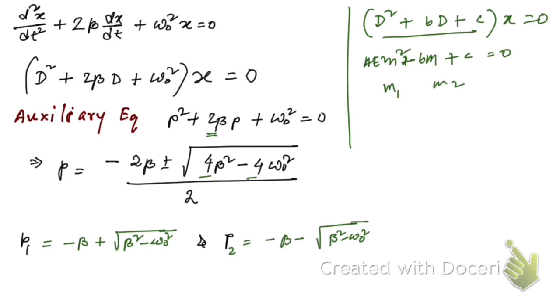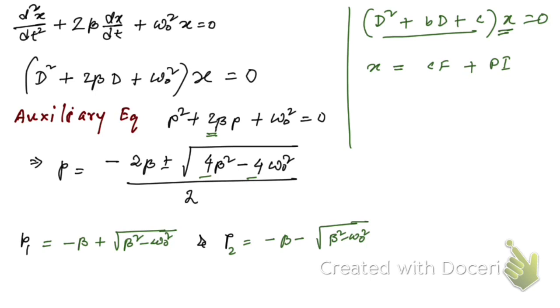Here I am writing, instead of m1 and m2, p1 and p2. Okay, and the solution of this equation is given by, if this is x, then x is equal to cf plus pi.